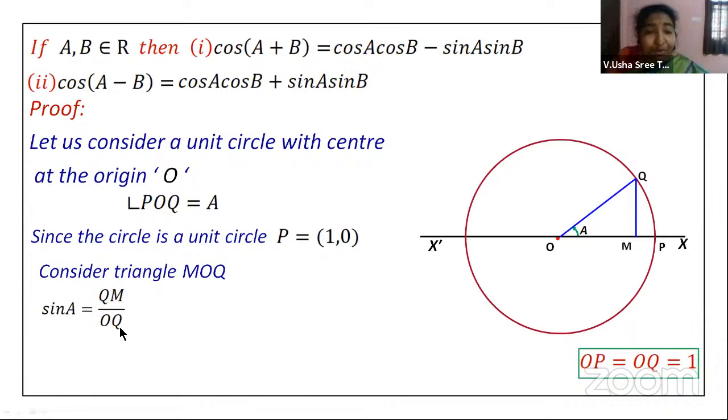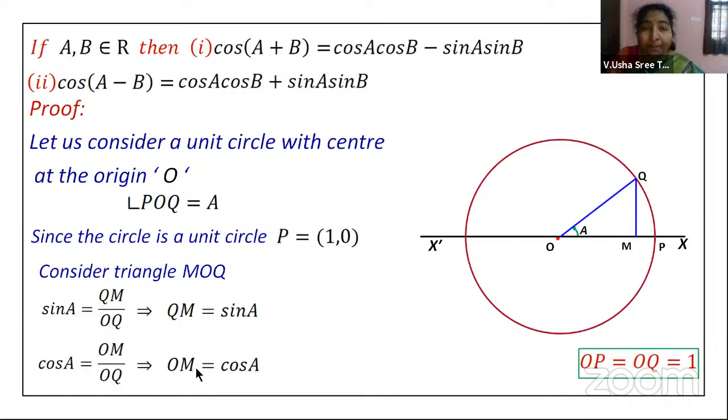So when I substitute OQ equal to 1 and cross multiply, I get QM value as sine A. Likewise, if you calculate cos A, that is adjacent by hypotenuse. So we will get OM, this is the adjacent side, by OQ. Here again, OQ is equal to 1. Therefore, when you substitute 1 and cross multiply, you will get OM equal to cos A.